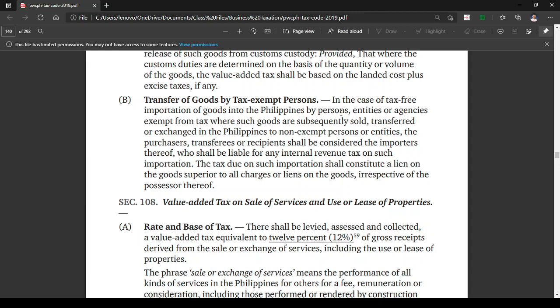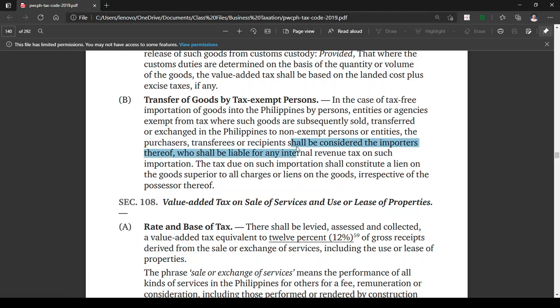Okay. So tax-exempt si A. Tapos after siya nag-import, binenta niya yung mga mais kay B. Okay, so si B yung bumili ng mais na binenta ni letter A. So in this case, si B yung purchaser or transferee or the recipient.